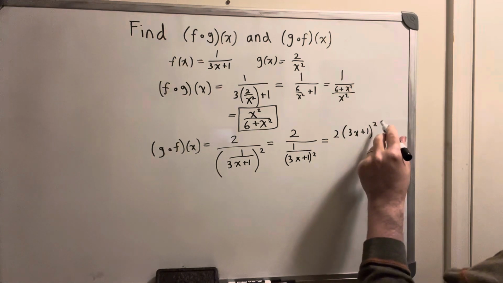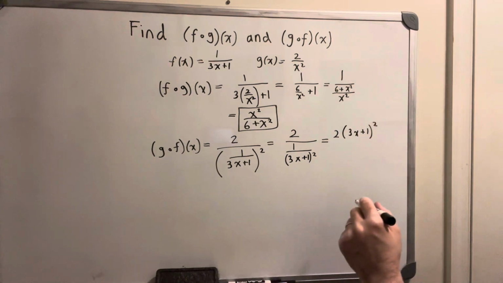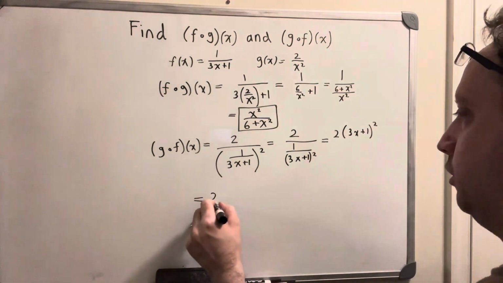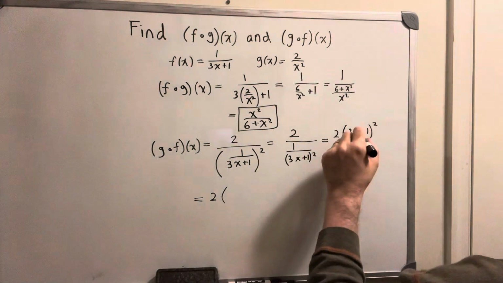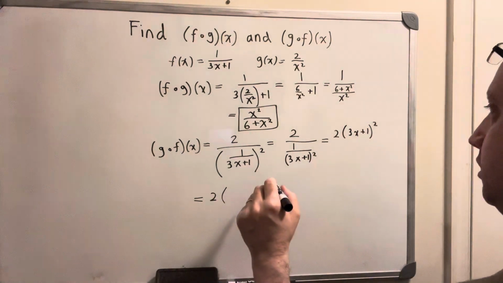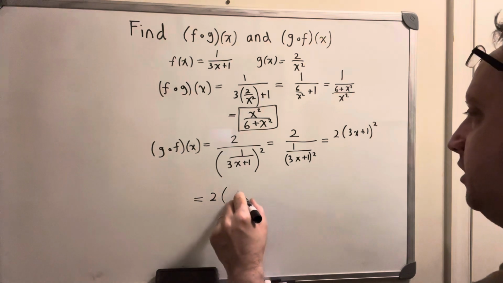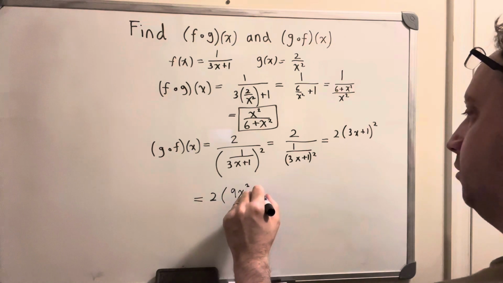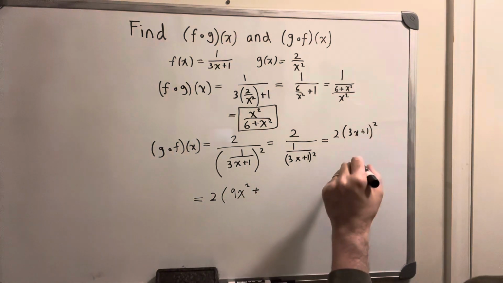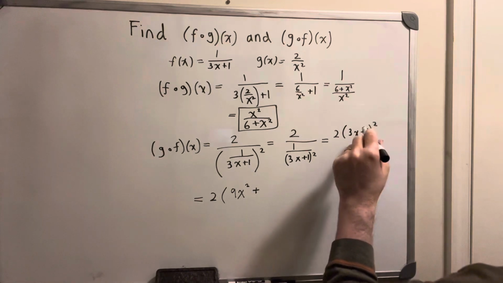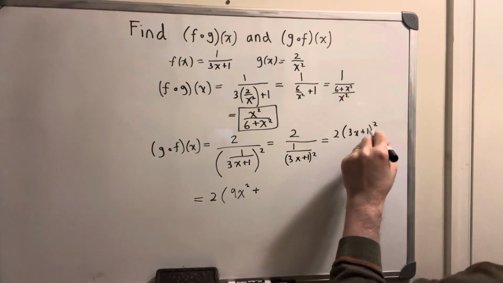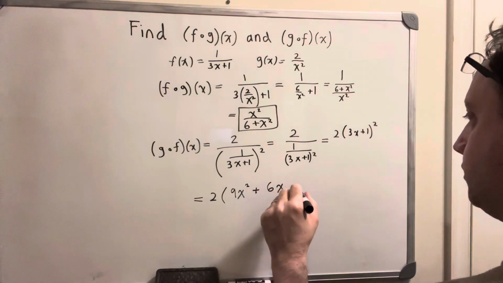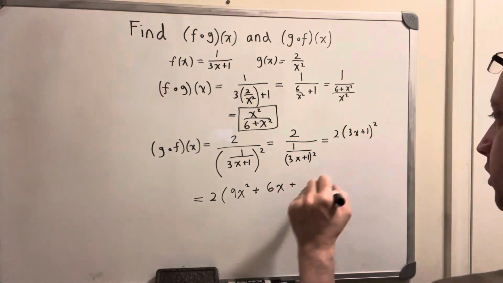Now we can expand this binomial. Might as well. Let's do 2. 3x quantity squared is 9x squared, plus, because there's a plus right here, what's 2 times 3x times 1 is 6x, plus, and 1 squared is 1.